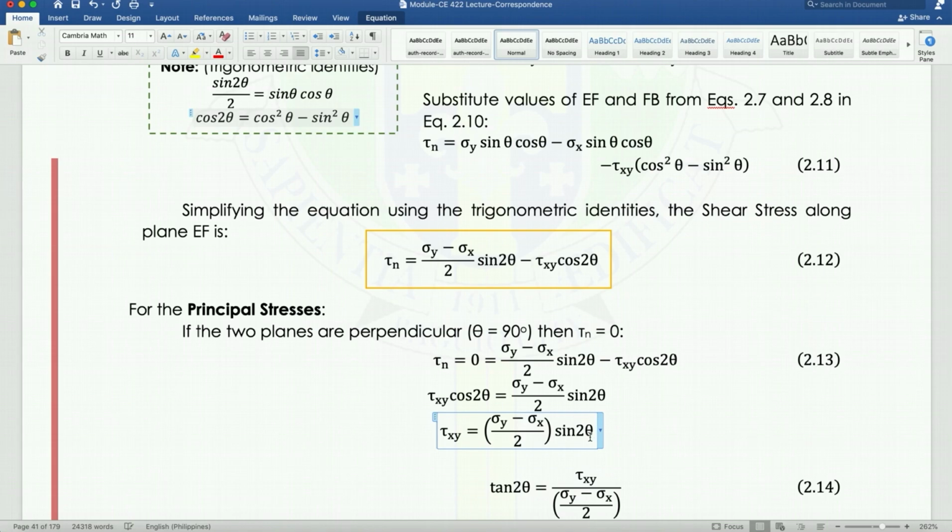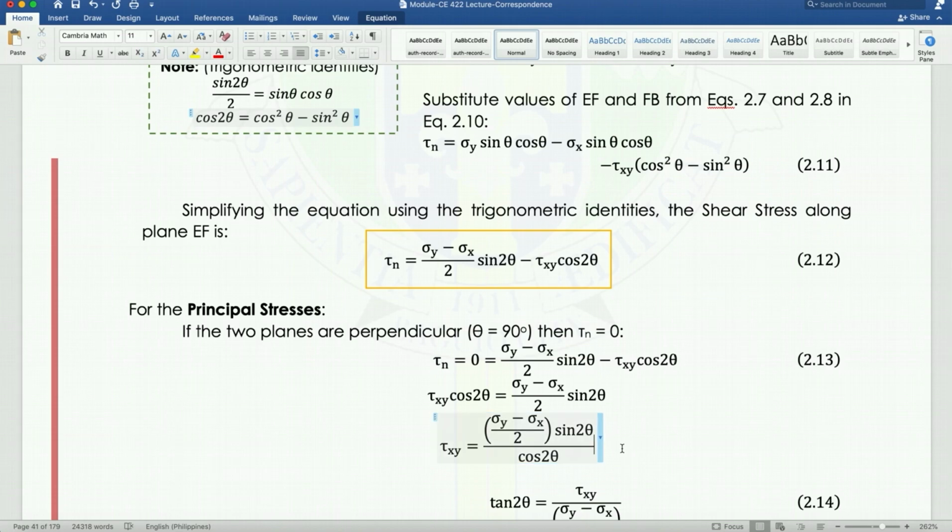Okay, so sine 2 theta here can be divided by cosine 2 theta. Okay, but sigma y minus sigma x over 2 can be cross multiplied again. Okay? And sine 2 theta divided by cosine 2 theta is tangent.